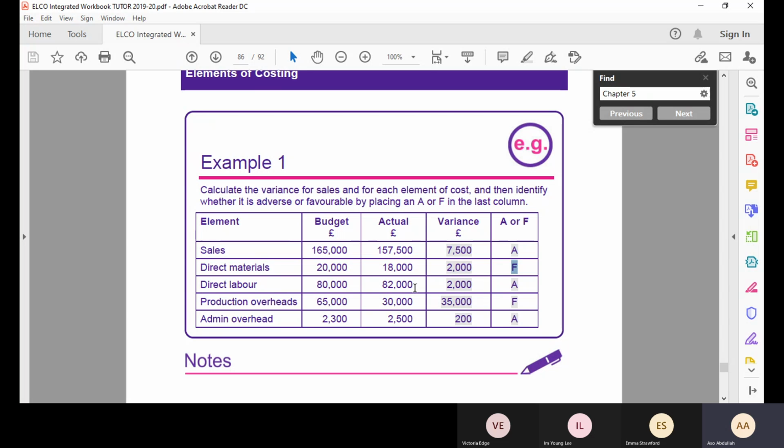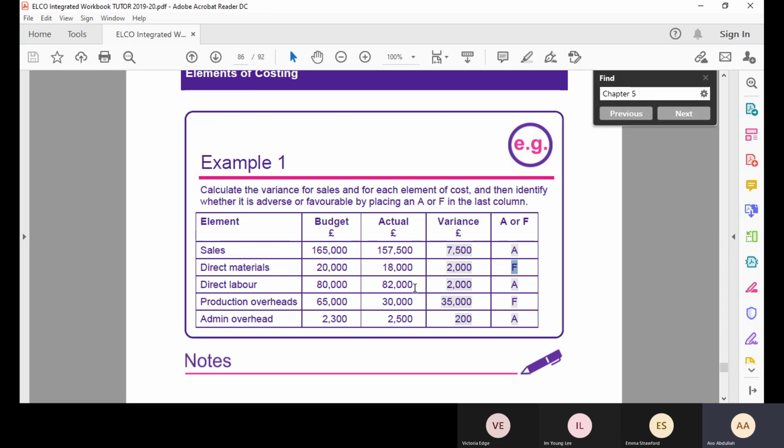Even though it is favorable, why is there a 35,000? Usually the variances are 2,000, 3,000, 5,000, 8,000, not 35,000. So again, it needs to be addressed, even though it is favorable.